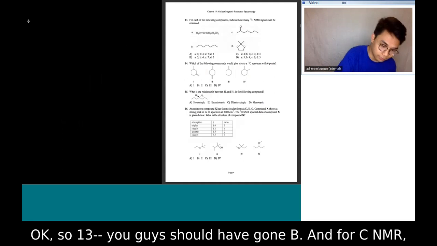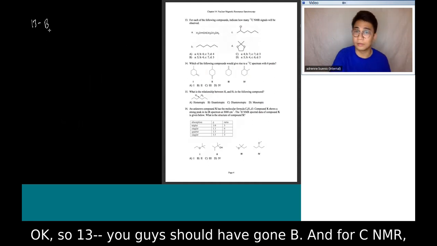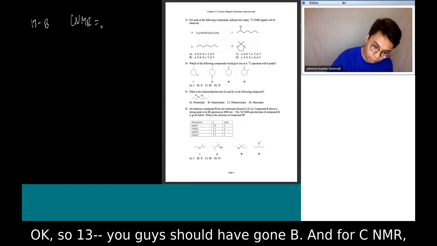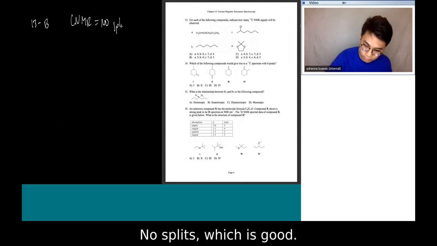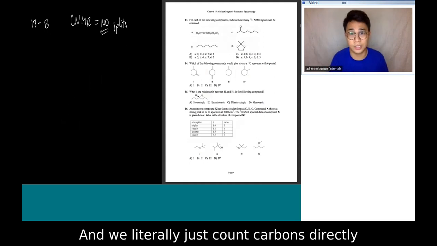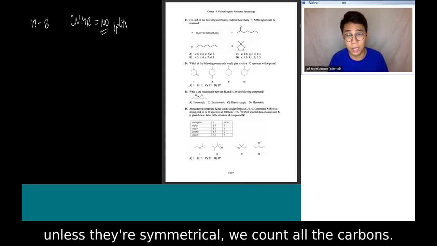Okay, so for 13, you guys should have gone B. And for C NMR, no splits, which is good, and we'll literally just count carbons directly. Unless they're symmetrical, we count all the carbons, right?